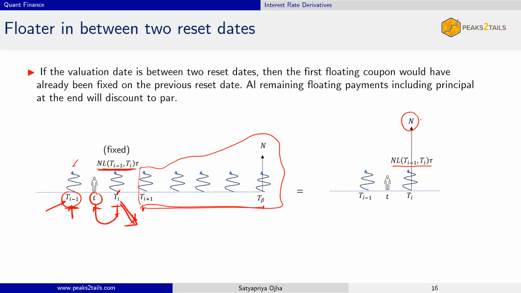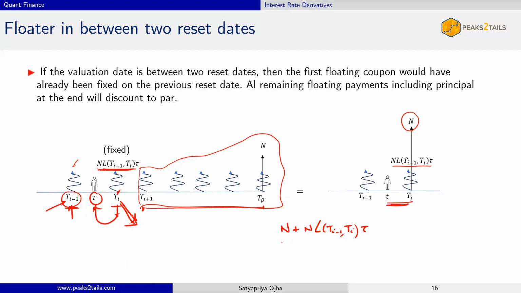Okay. That's it. So how do you value this? It's just too simple. I had the formula here. I don't know, maybe I didn't say. Value is N plus N L(Ti minus 1, Ti) tau, discounted by the discounting factor applicable between these two periods.